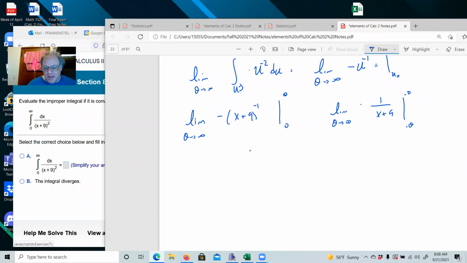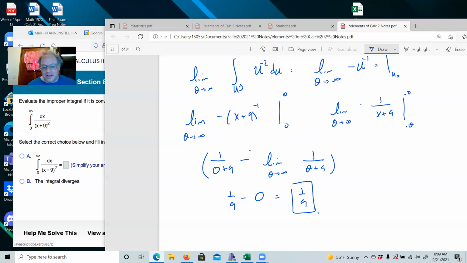So there it went. We have 1 over 0 plus 9 minus limit as theta goes to infinity of 1 over theta plus 9. We're evaluating it now. So this is 1/9 minus, well, this is getting bigger and bigger and bigger, so 1 over a really big number is 0, giving 1/9.